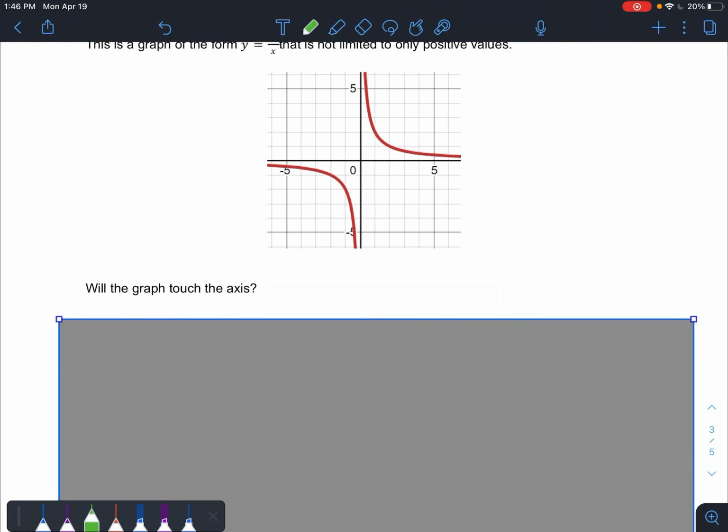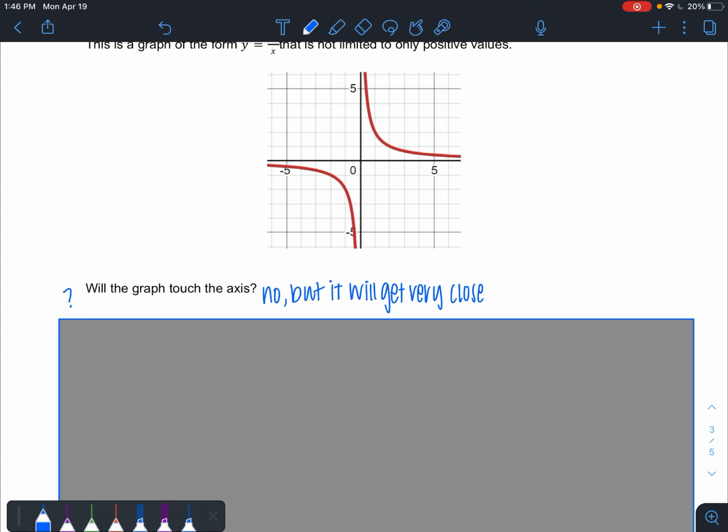Okay, so then I'm asking a question: will the graph touch the x-axis? What do you think? The answer is no, but it will get very close.